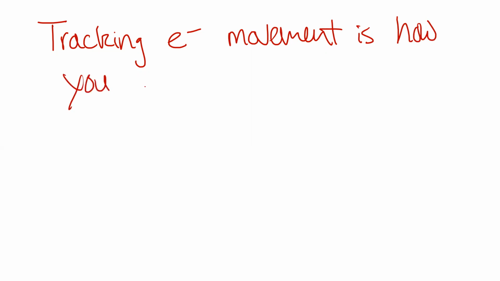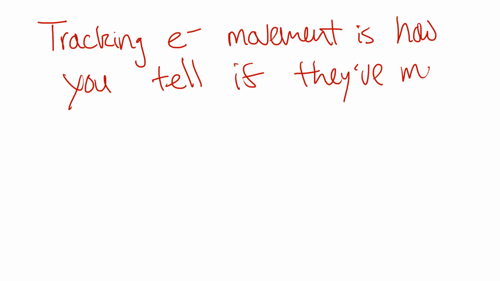Tracking electron movement is how you tell if they've moved, because if you're watching the electrons and there's no electron movement, then there's no oxidation, there's no reduction.